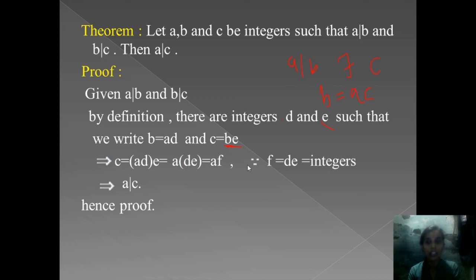Since the product is closed under integers, d multiplied by e is again an integer, and therefore c is written as a multiplied by f. This is the same case where we write c as a into f. So by this definition we say that a divides c.